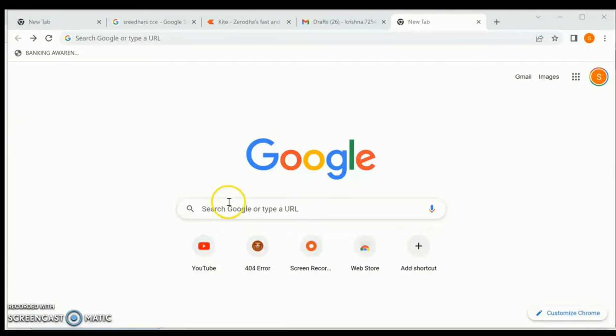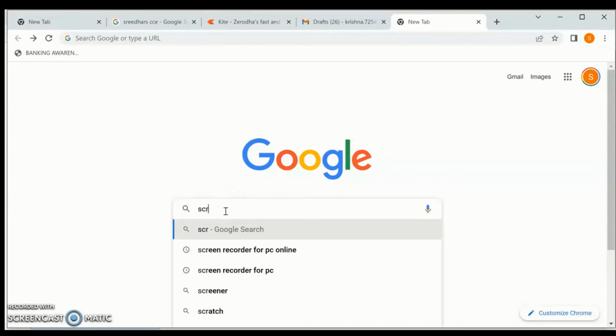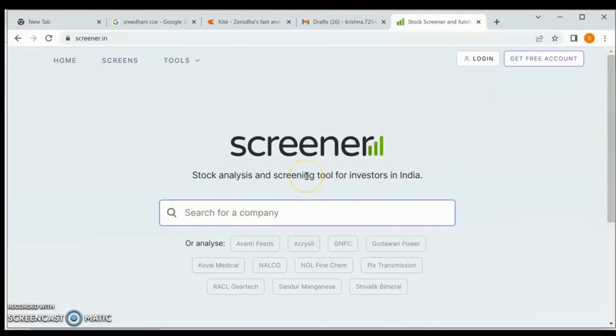If you go to screener.in, you can search for a company name if you know it. If you want to select sector-wise, you can choose a screen here.